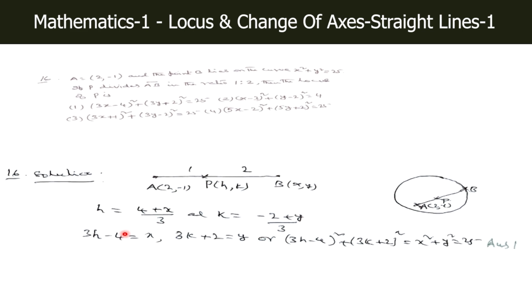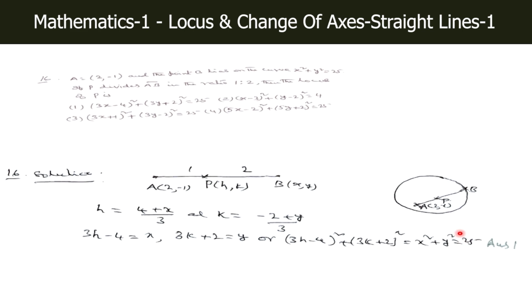So, this shows that 3h minus 4 is equal to x and 3k plus 2 is equal to y, or (3h minus 4) whole square plus (3k plus 2) whole square is equal to x square plus y square, but x square plus y square is equal to 25.